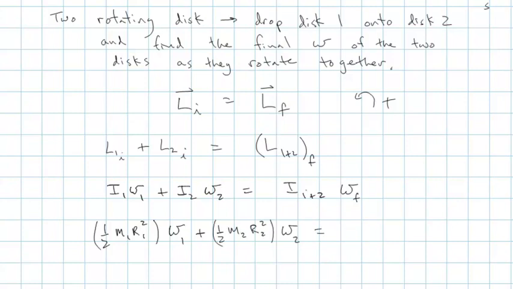And when two objects stick together and move together, we can just add up the inertia of each of the individual objects. It's the same with linear inertia, right? If you're pulling a wagon and it's got a bunch of stuff in it, and you want to know the total mass, you add up all the masses of the stuff inside the wagon, and you've got it. In this case, you want to know the total rotational inertia of two objects that have stuck together. You just find each individual one and add them up. So this is going to be I1 plus I2.